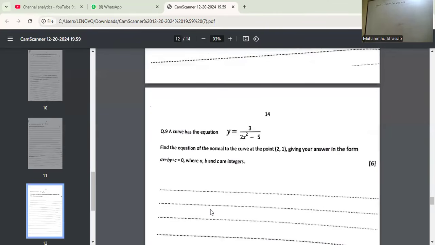Question number 9. A curve has an equation y is equal to 3 over 2x square minus 5. Find out the equation of the normal to this curve at the point 2 and 1, in the form of ax plus by plus c is equal to 0, where a, b, c are integers.